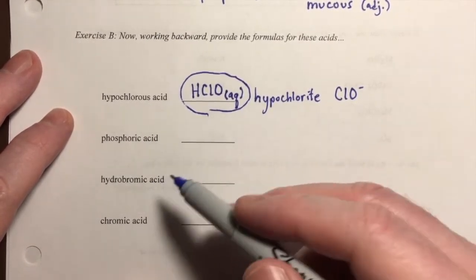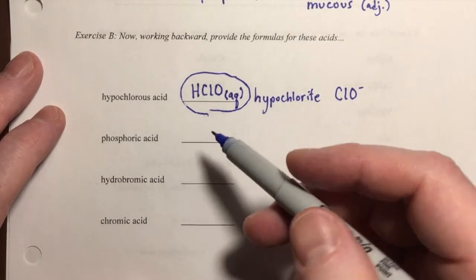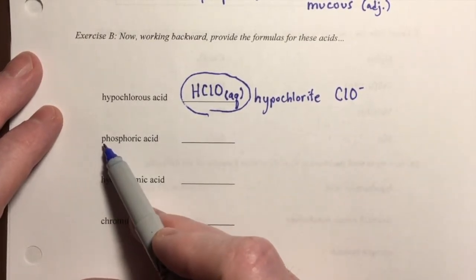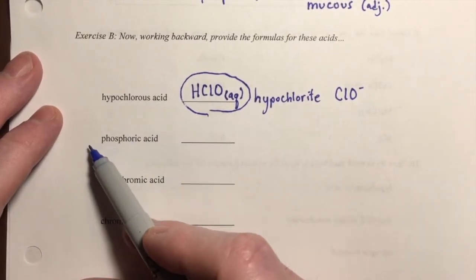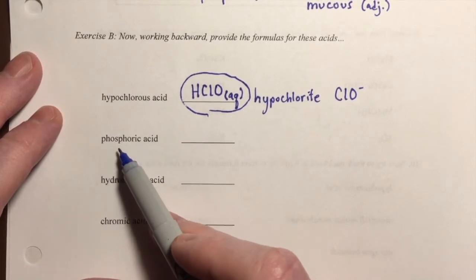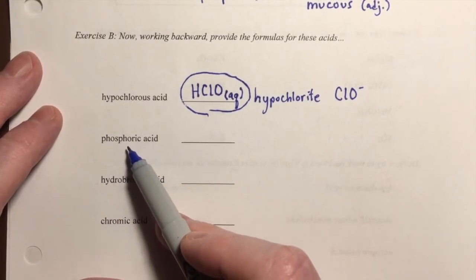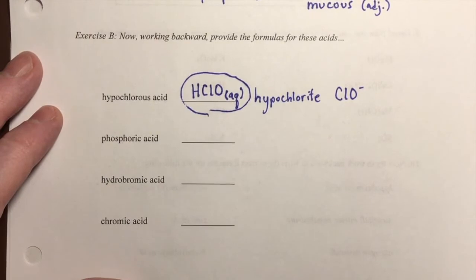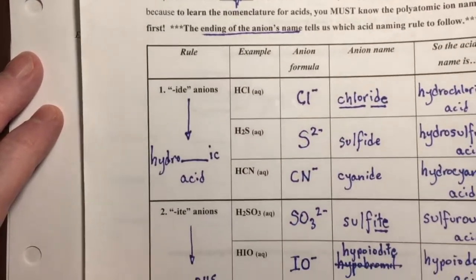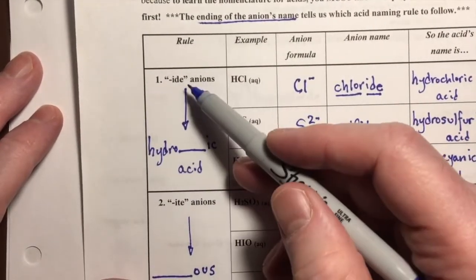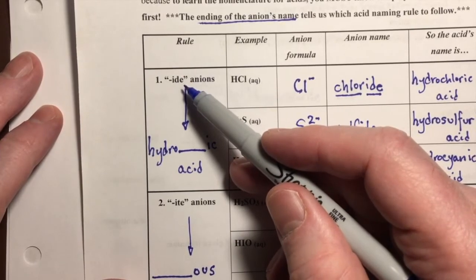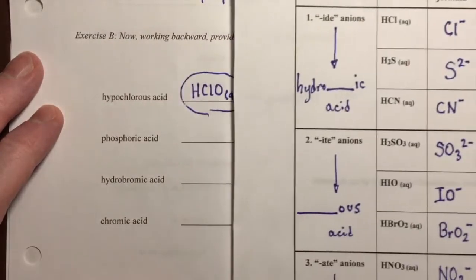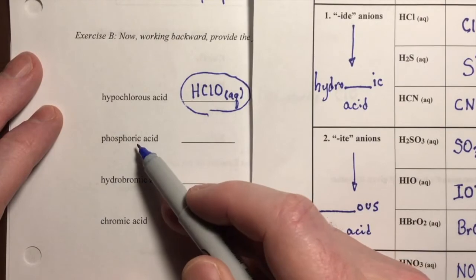All right, moving forward, let's take a look at these remaining three. I have no hydro prefix. Since there's no hydro prefix, I know that the anion did not have an IDE ending, because the hydro prefix is only for rule 1 when the anion had an IDE ending. What kind of ending does it have? It just has the IC ending.